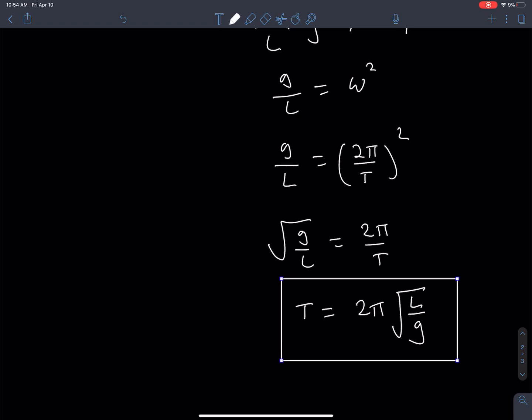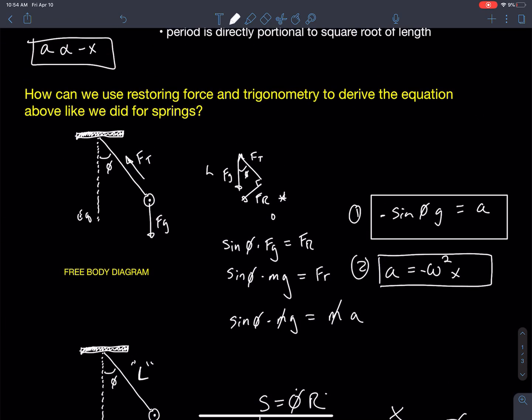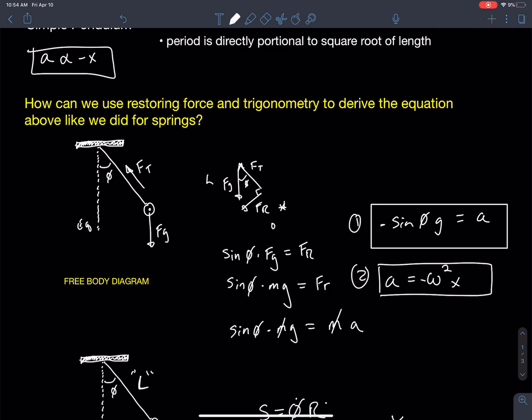Just to summarize, what you've seen here is a pretty elegant way of first solving for the restoring force, and the restoring force then gives me the equation that allows me to find the acceleration, and then substituting the acceleration of anything undergoing simple harmonic motion will allow me to find the period.